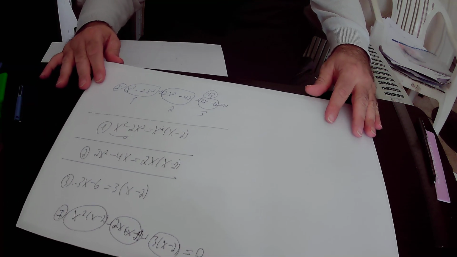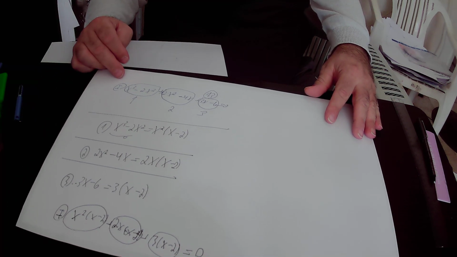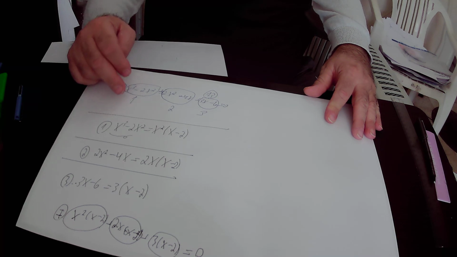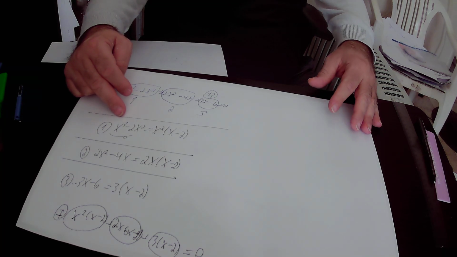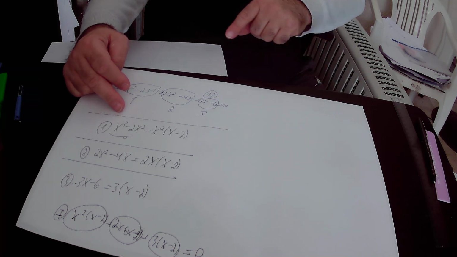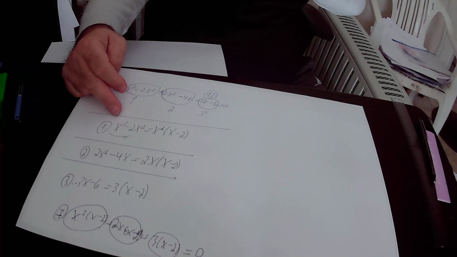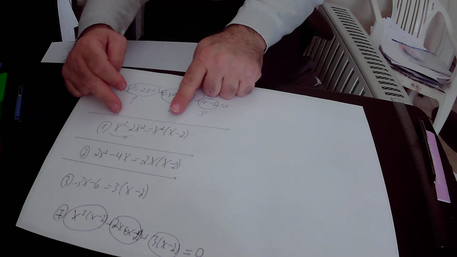And here we divided equation number 1 into 3 parts, and we took a common factor from each part. So part number 1 is x cubed minus 2x squared, and the common factor that we took from this expression is x squared, and inside the brackets what is left is x minus 2.